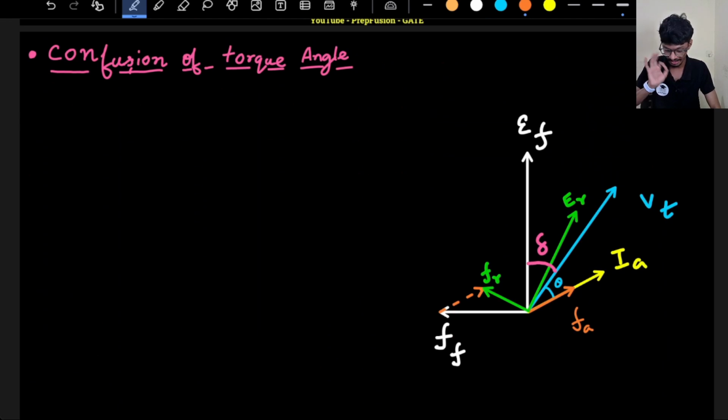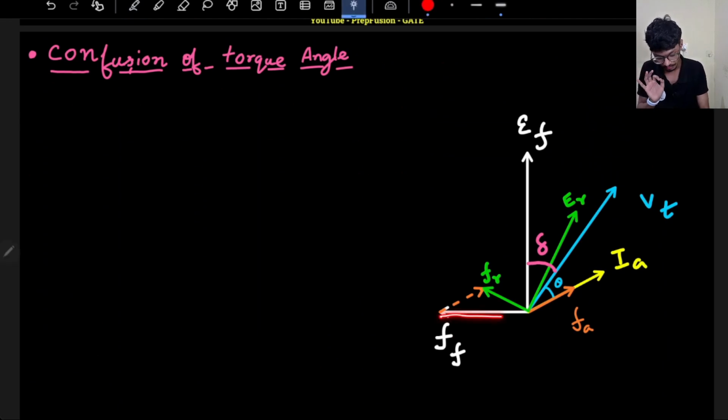I previously may have messed up the torque angle, saying that the torque angle is the angle between the field mmf and the armature mmf. Actually I was wrong there. That is not the torque angle.